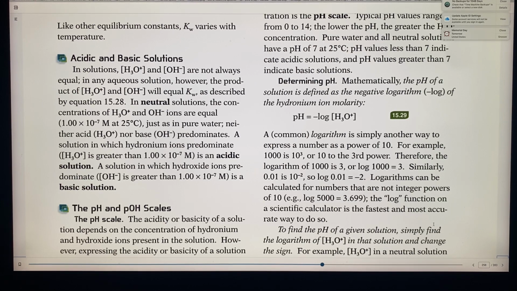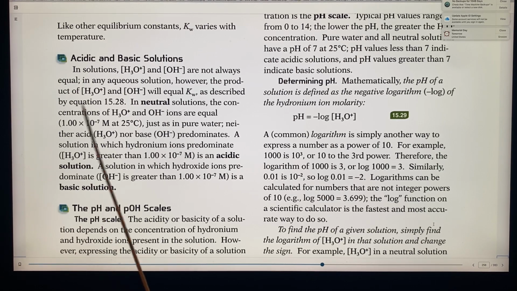If the hydronium ion dominates, then the solution is more acidic. If the OH dominates, so that it's greater than 1 times 10 to the negative 7th, then it would be basic.